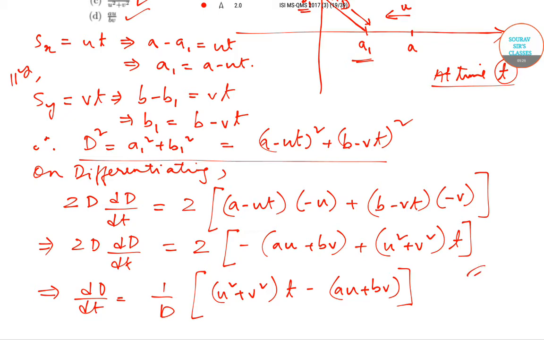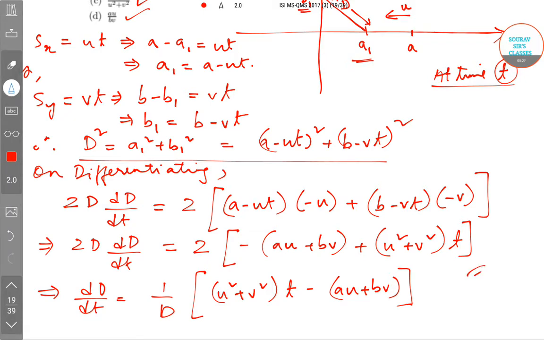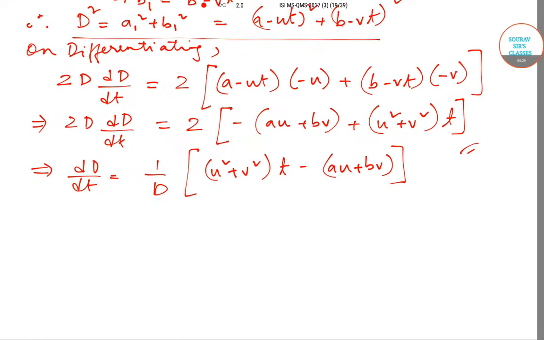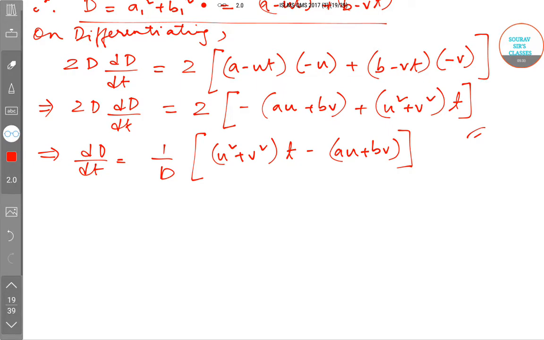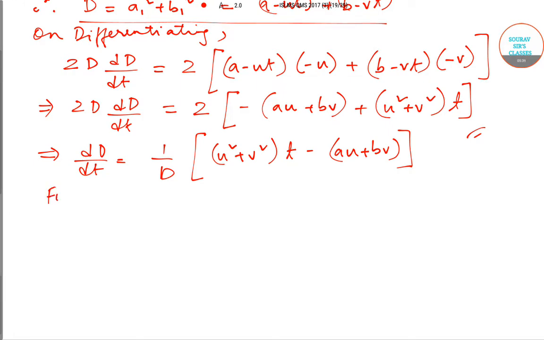Now for minimum, dd by dt is equal to 0.